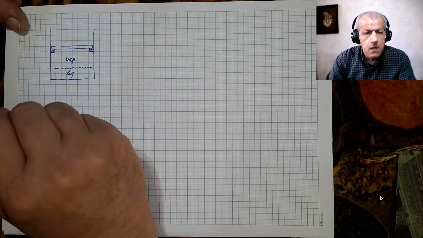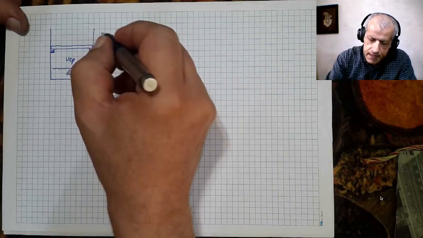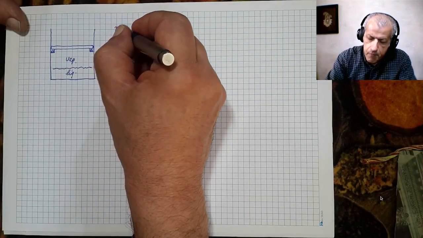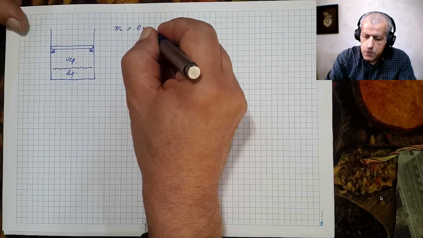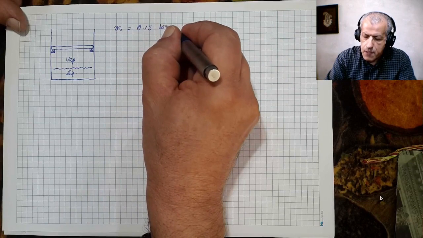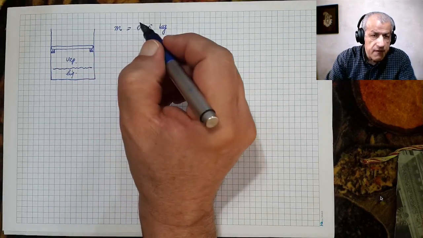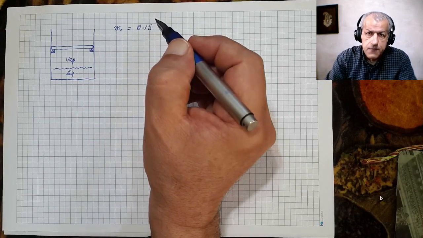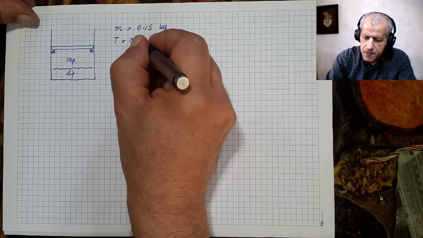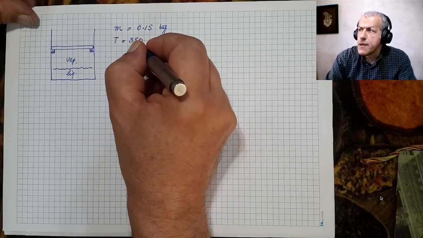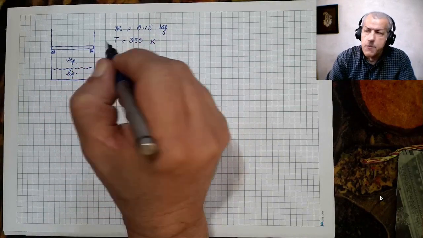They are both in the cylinder, and the problem tells us that the mass of the water is 0.15 kilograms, and it's a mixture of vapor and liquid. Its temperature, T, is 350 kelvins, and they are in equilibrium.